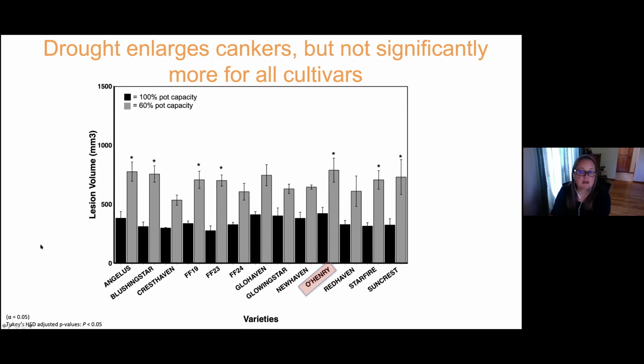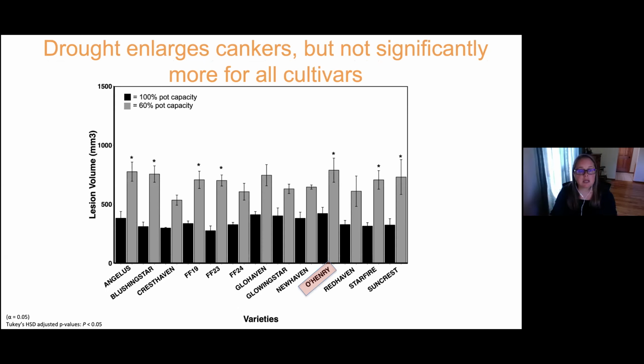But when we add the drought stress, we find that in all cases, trees that are drought stressed have larger canker sizes. The black bars are where they were watered at 100% pot capacity, and the gray bars are where they were watered at 60% pot capacity.